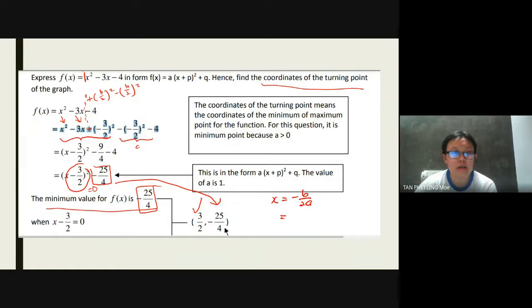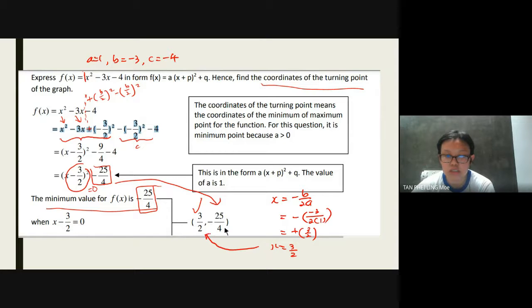So let us check. My a is 1, my b is -3, my c is -4, right? So my b is -3, my 2a is 2 times 1. Isn't it that I'm getting negative, negative, positive, and then 3 over 2 straight away? Isn't it that I can get my x equals 3 over 2, which is the same as here?